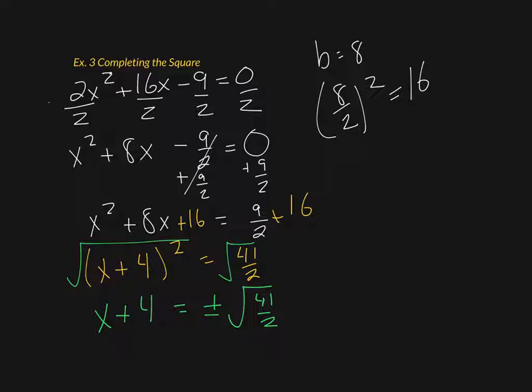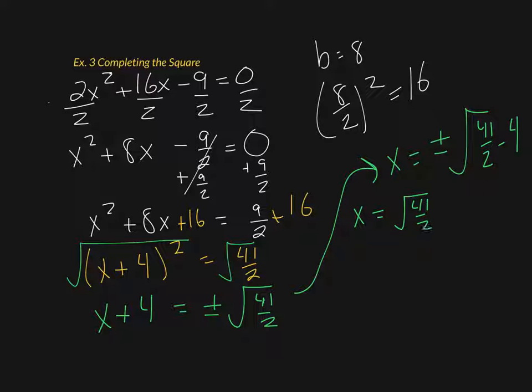So minus 4 on both sides to give us x equals plus or minus radical 41 over 2 minus 4. Again, our two solutions would be x equals radical 41 over 2 minus 4, and x equals negative radical 41 over 2 minus 4. Those are the more exact ways. You can go ahead and plug it in the calculator and give the decimal versions.